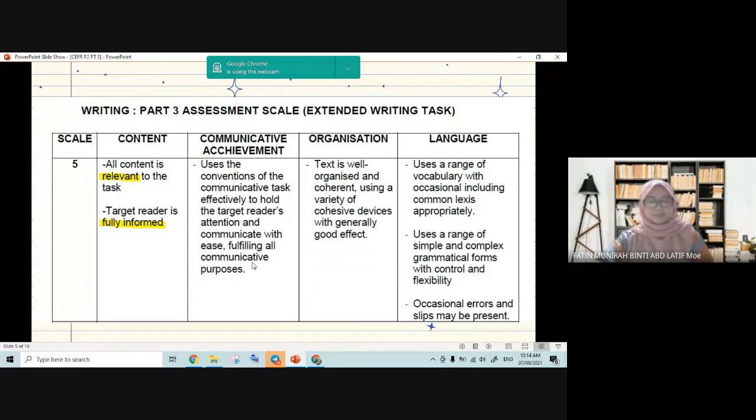Register yang betul ni maksudnya kalau for example, report you have to use formal language. Kalau report kena guna bahasa formal. So tak boleh guna informal language. Macam bahasa pasar tu memang tak boleh guna dalam report. So macam mana nak tahu beza formal informal language? Dekat dalam internet banyak senarai dia, awak boleh tengok.